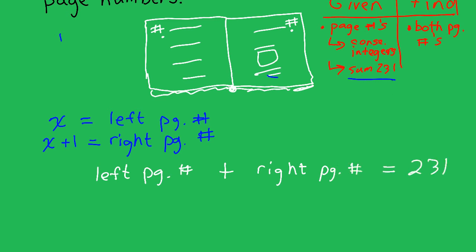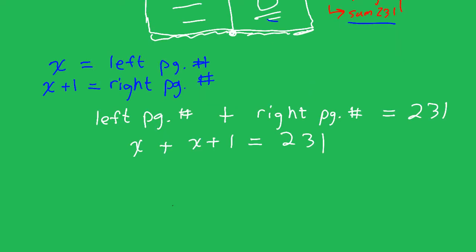That's that piece of information right there. Now we can simply plug in the variables that we have, and that will allow us to get this into math instead of words. So x is the left page number, and then we add that to the right page number, which is x plus 1. And now we've got x plus x plus 1 equals 231. So there's our equation, and it shouldn't be too difficult to solve for x here.